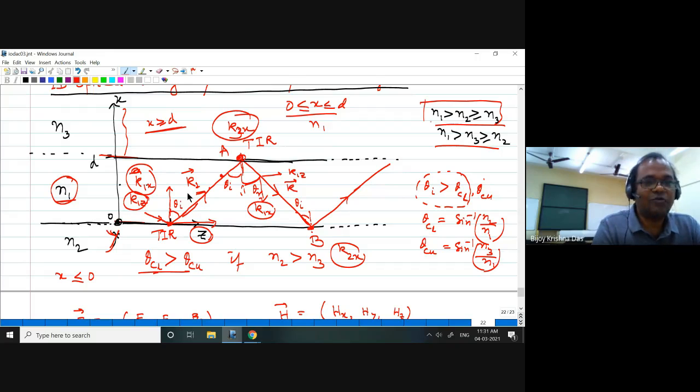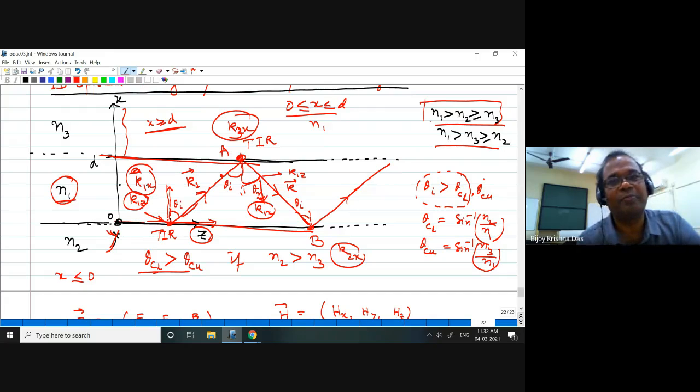So if I consider only the electromagnetic wave propagating along x direction, two counter-propagating waves are there. Any wave vector we consider has a forward propagating and a backward propagating part. This interface treats the component as if it is a mirror for k1x.